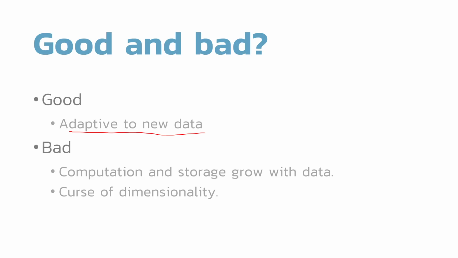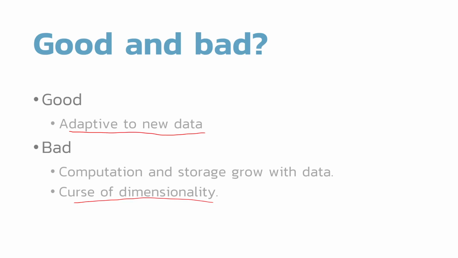Another thing is something called the curse of dimensionality. The number of dimensions is the number of attributes. Think about our iris flower, where we only have 4 attributes. If you have 100 attributes, that means you have 100-dimensional data.